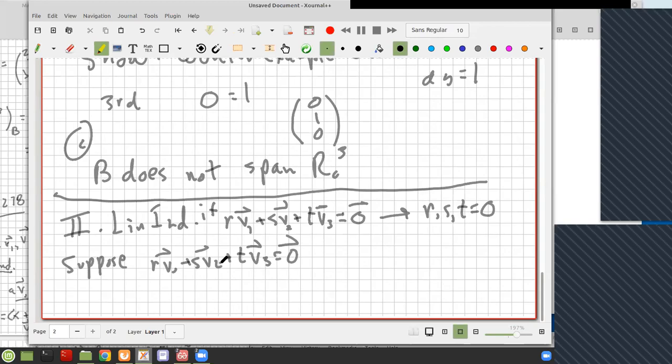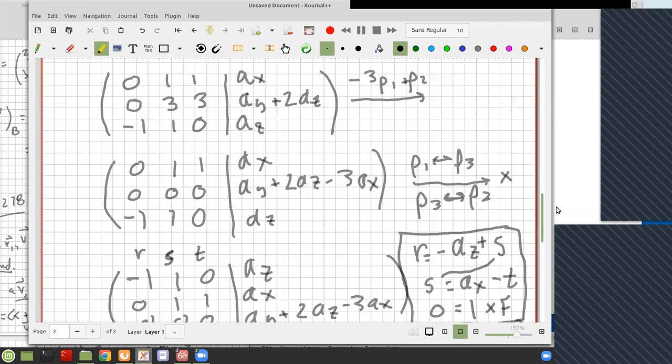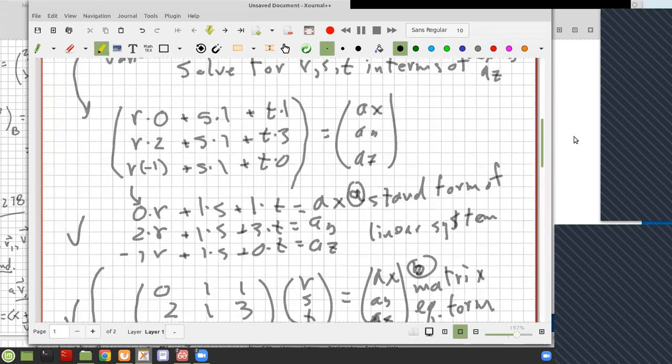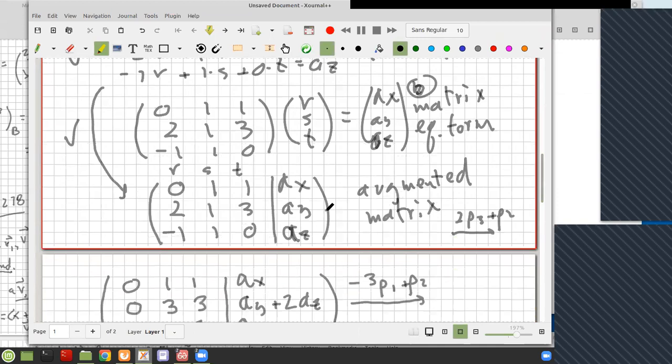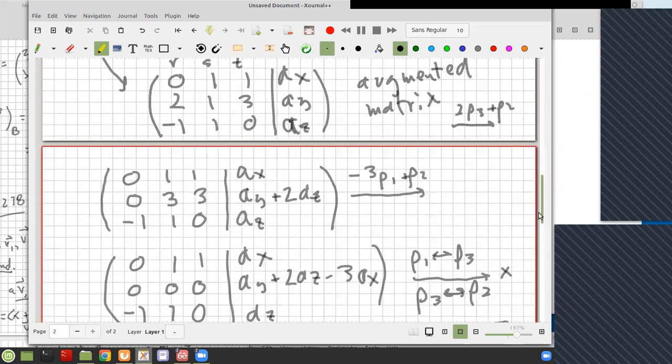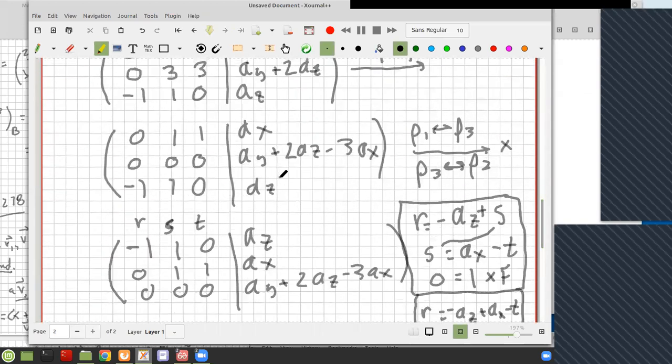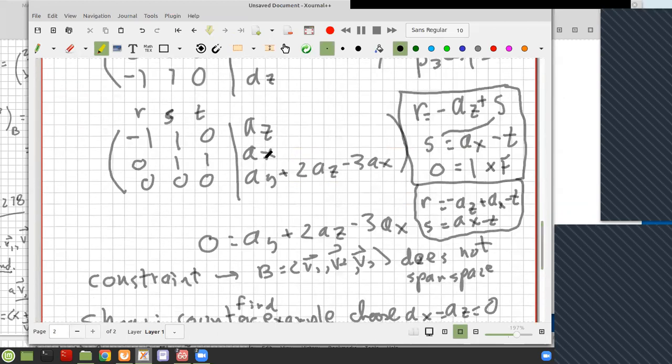Well, this equation here is just this equation with all three of these being 0. So linear independence is a special case of spanning, in terms of the technology. Okay, so what that means is I can say, well, this is the augmented matrix with these zeros. I can reduce that matrix to row echelon form, and because these are all zeros, that just amounts to putting in zeros over here.